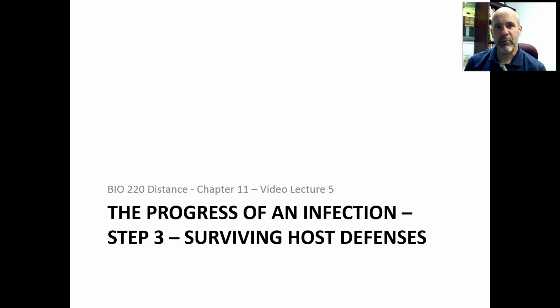So the next video clip, we're going to talk about some of the strategies that microorganisms that are pathogens use to get around your immune system. It's always a back and forth battle, but pathogens have ways of getting around those early defenses of your immune system so they can stick around long enough to build up their numbers and harm you in some way. So that'll be the topic for video lecture 5.